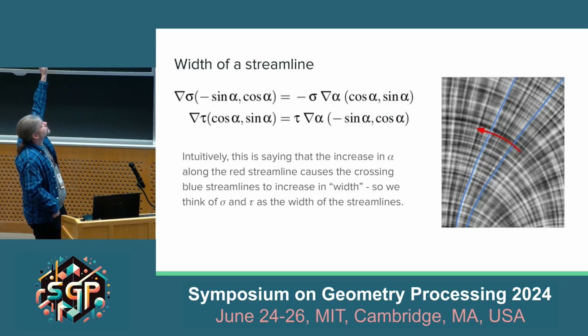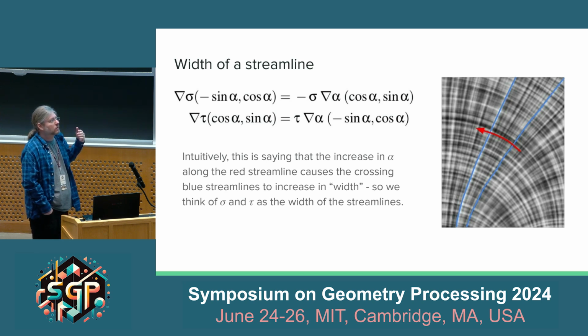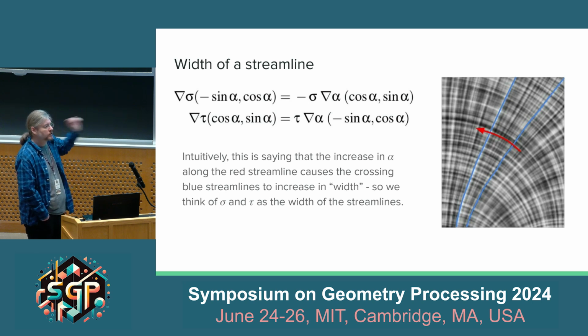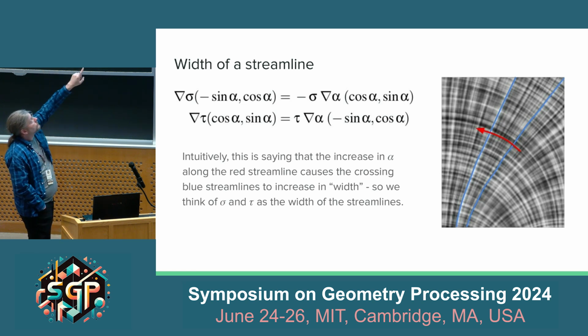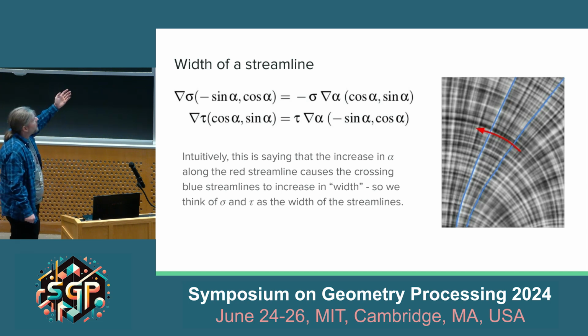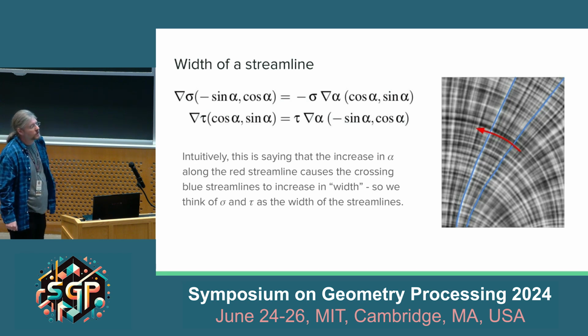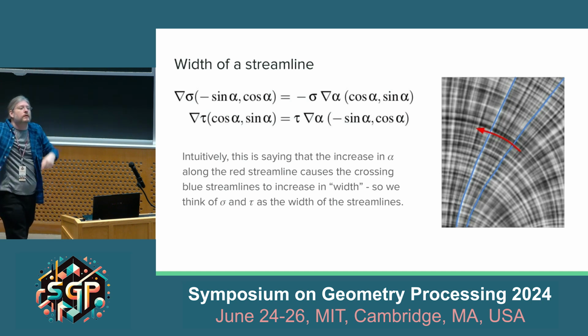So the general intuition of these two equations is that they define how chords in the cross field grow. In particular, we notice that both of them are directional derivatives in the direction either along or orthogonal to alpha, but they're proportional to grad alpha in the perpendicular direction. So just to go back, sigma is the length measure in the direction of alpha, and here we can see that sigma changes when we take a step orthogonal to alpha.